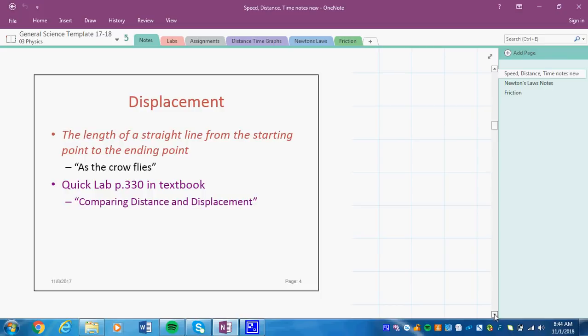Now, when we talk about simple displacement, we're talking about point to point in a straight line. Well, how often do you do that? But point to point in a straight line. So if you look at page 331 in your textbook, you'll see a diagram, figure 4, and the line which is red in your book is a straight line. And we use the term as the crow flies, right?